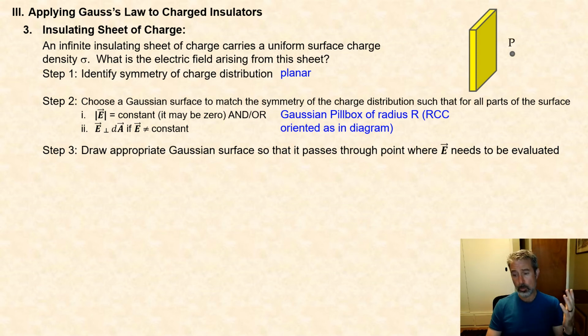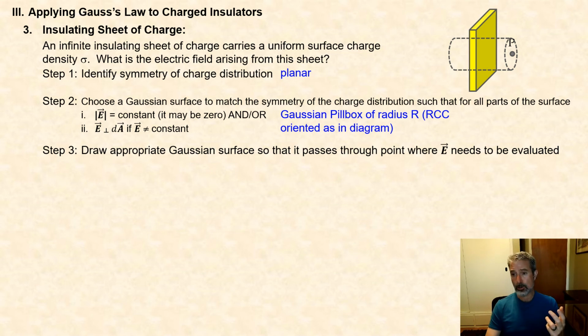Well, we're asked to find the electric field outside the charge distribution. How about this arbitrary point here, P? This is the way we're going to orient the Gaussian surface. Notice that we place it so that this time the field point is not on the sides of the cylinder. The field point is at a point on one of the ends of the cylinder.